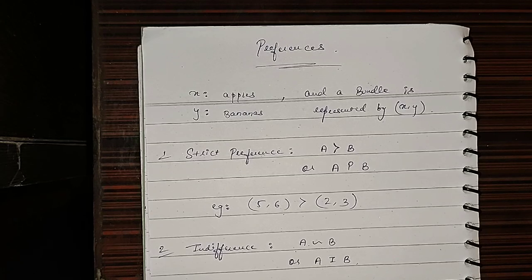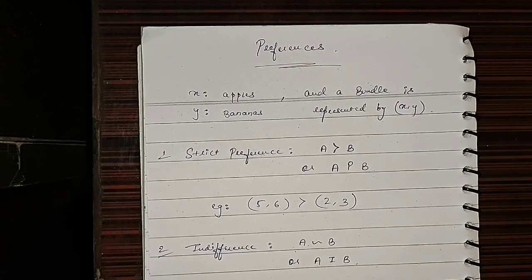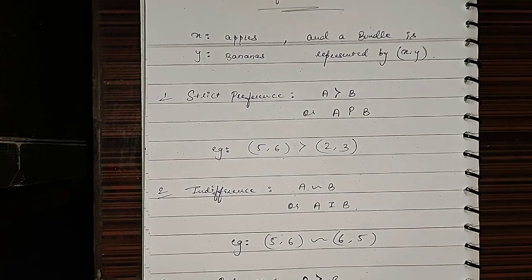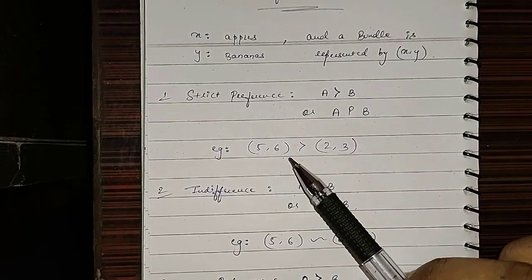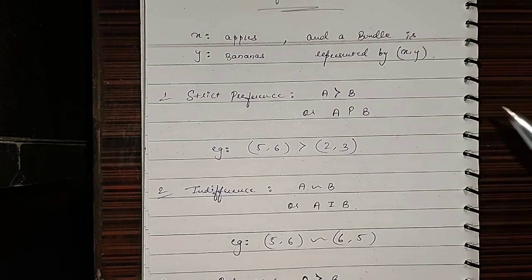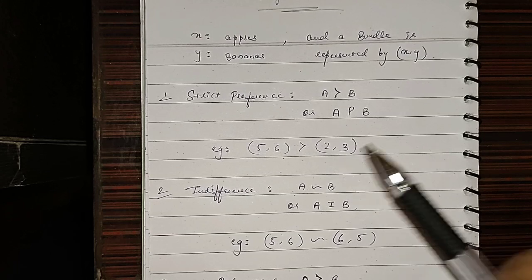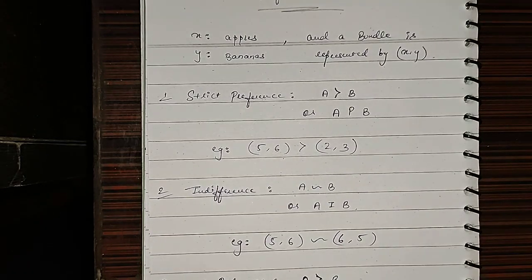Now, to see this with an example, suppose we have a bundle that has 5 units of apples and 6 units of bananas, and the second bundle has 2 units of apples and 3 units of bananas.